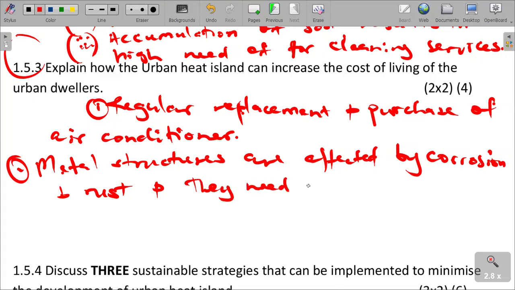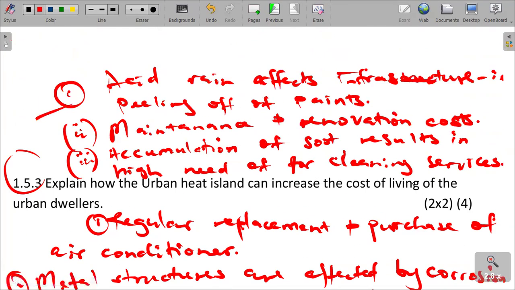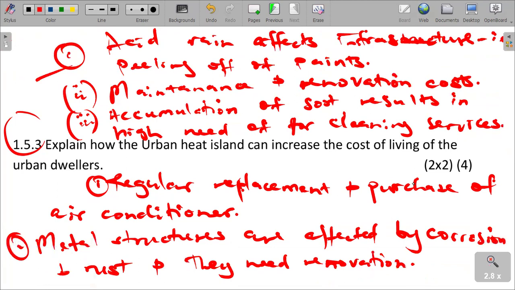They need renovation as well. All these are quite important points that we can add with regards to the effect on the cost of living of urban dwellers as a result of urban heat island.